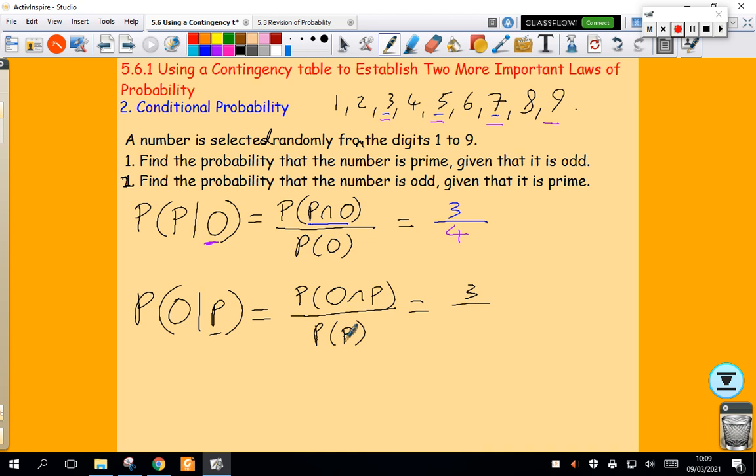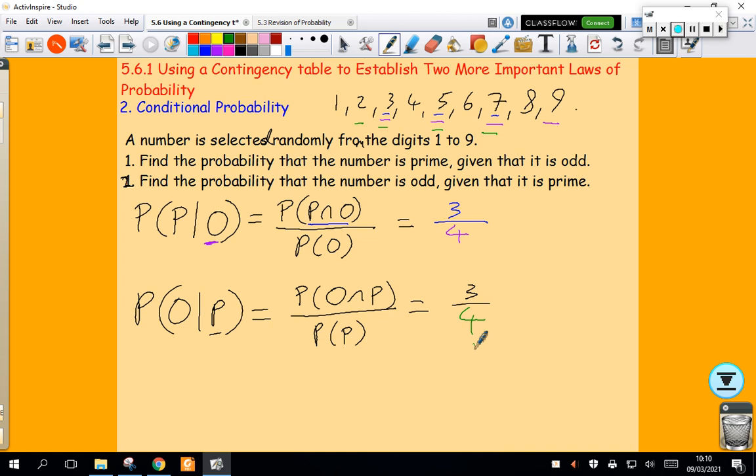Now divided by the probability that it's a prime number. How many prime numbers are in here? Well, the prime numbers are 2, 3, 5, and 7. So there's a 3 in 4 chance there. So that's conditional probability. That's how that works.